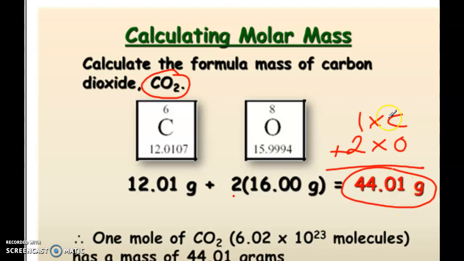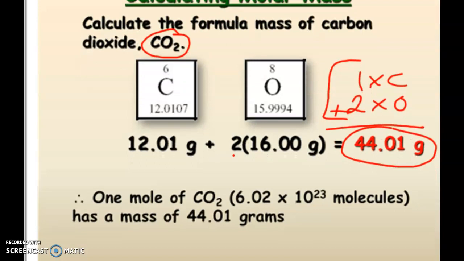But I need to see how many of each atom you are adding up, because later on, everything in this unit builds on each other. If your molar mass is incorrect, the other calculations you do later on are going to be incorrect. So it's very important that you have the correct number for each element. So that means 1 mole is 44.01 grams.